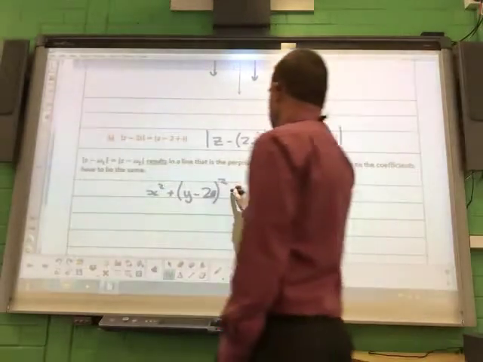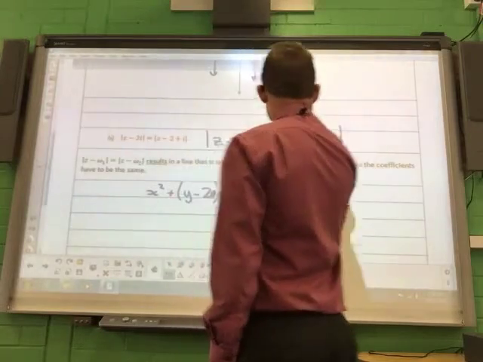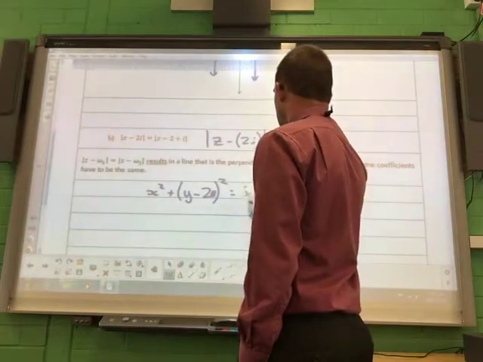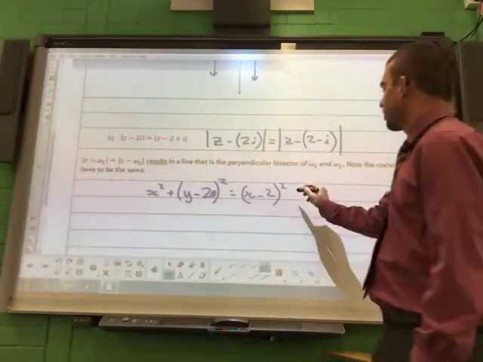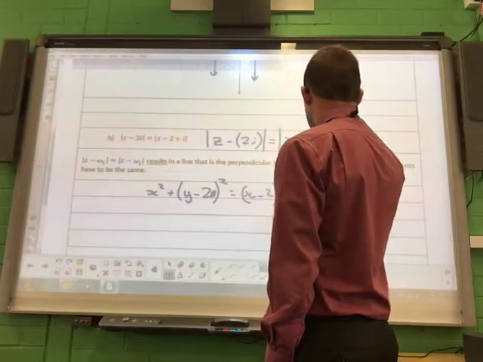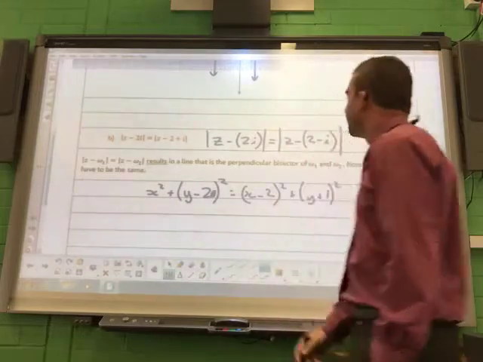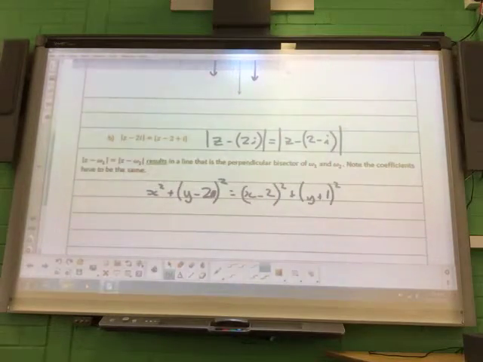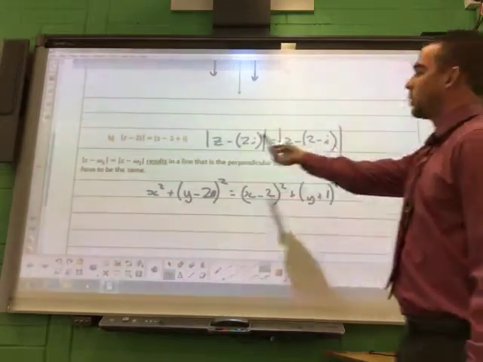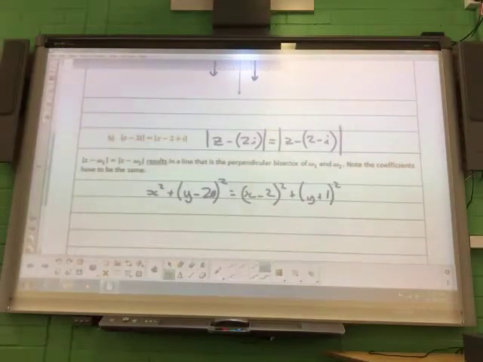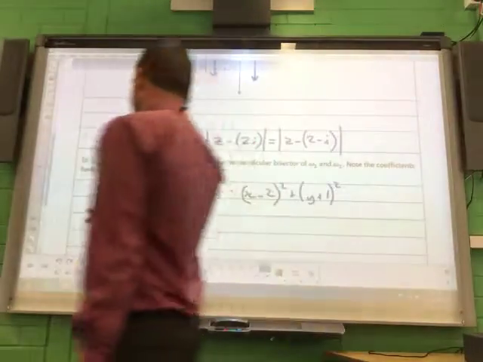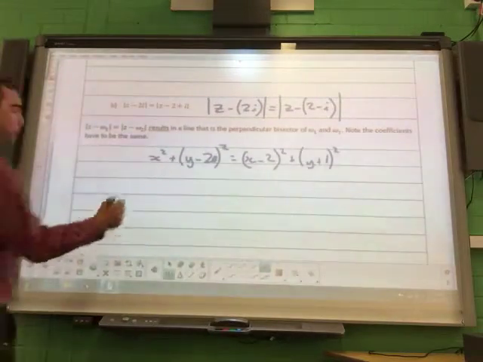Which equals x take away 2 all squared plus y plus 1 all squared. So we need to treat it as opposite, so really we're going back to what the original question is, to plot the points correctly. Right, so we can expand all that out and tidy it up, and then it'll give us the equation for the line.